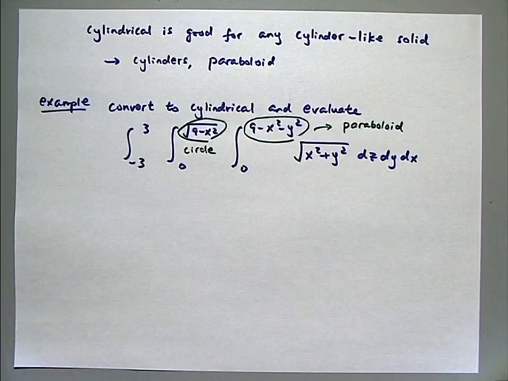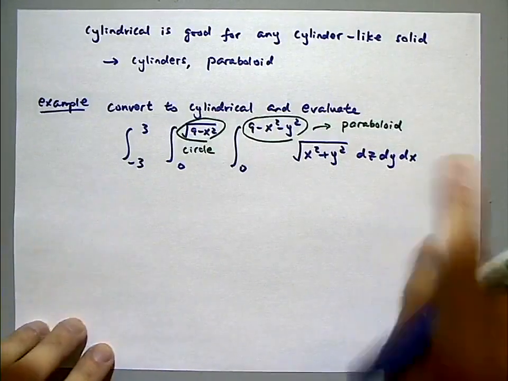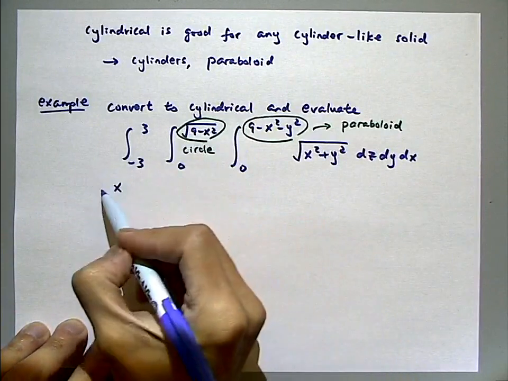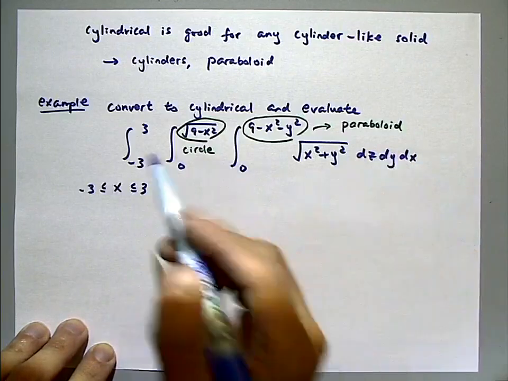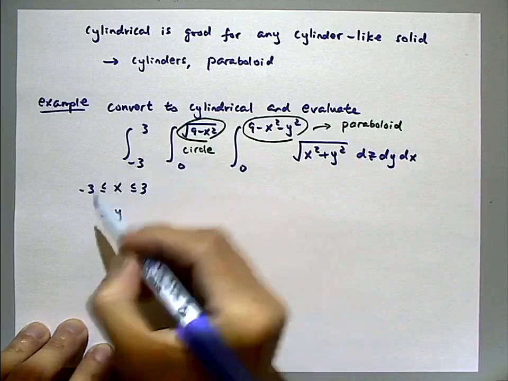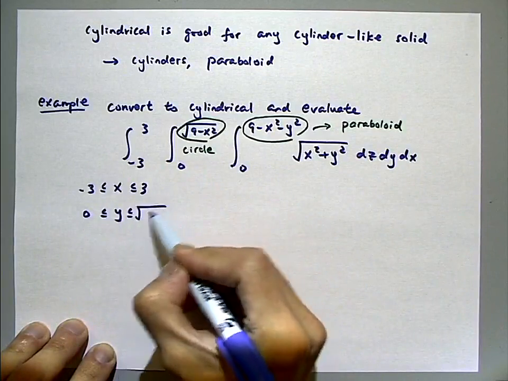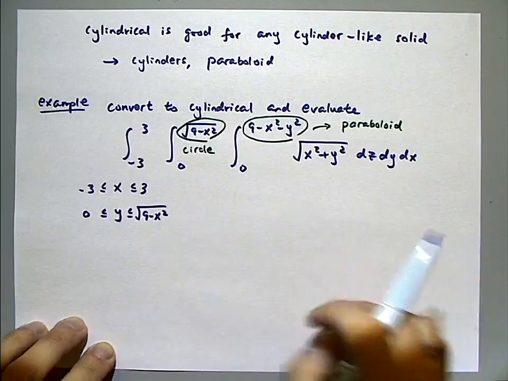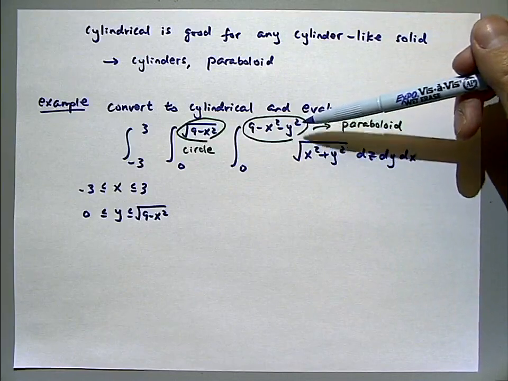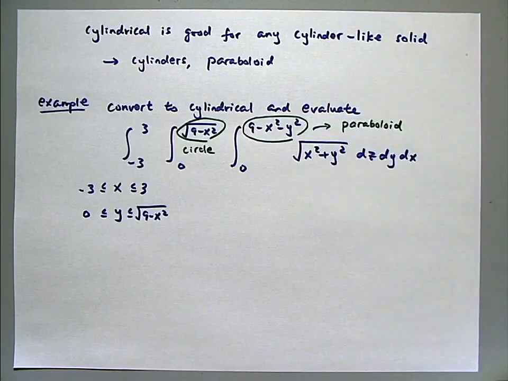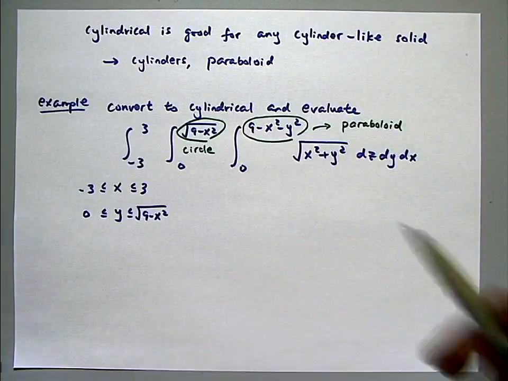All right, so let's check out what's going on here. Looking at this here, we see that x is bounded between -3 and 3. And y is bounded between 0 and the square root of 9 minus x squared. And remember, going to cylindrical means we don't do much with z. Z stays put. We just have to translate this from Cartesian to cylindrical before we integrate. So we're going to be operating with x and y to find r and theta.